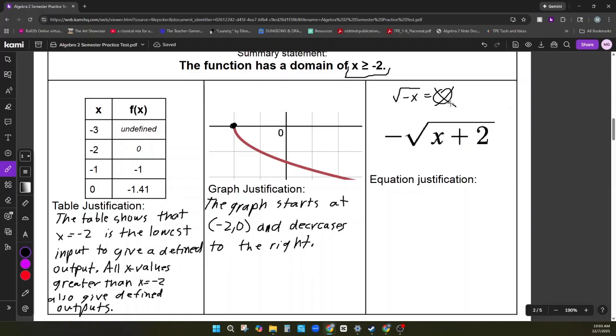It will give us an undefined value. So if my inside of my radical cannot be negative, then the lowest value it could be is 0. So let's start there.